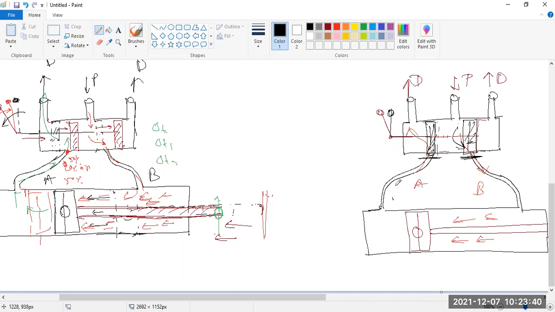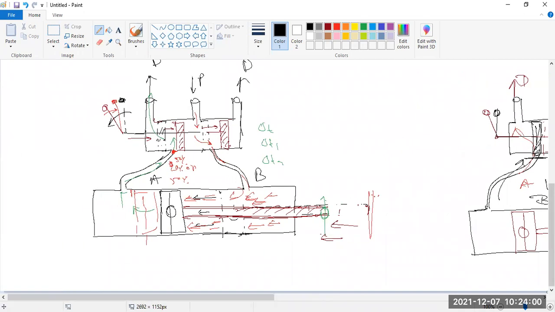So no fluid is going outside and no fluid can enter this side. So what happens? It becomes static. This position is called all braking, or this is a holding position. Holding position.